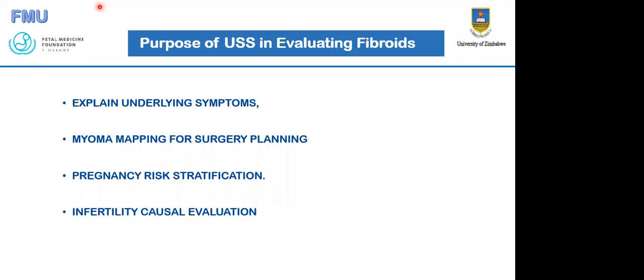So when you are scanning fibroids in pregnancy, you need to be clear on those points when you are reporting fibroids. Where are they? Are they interfering with the retroplacental surface? Are they bulging into the uterine cavity, or are they on the lower part? Are they on the cervix? Because if they're on the cervix, obviously they are going to interfere with cervical dilatation.